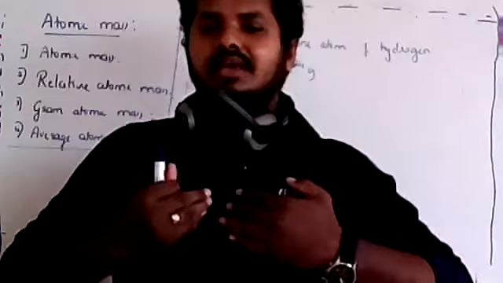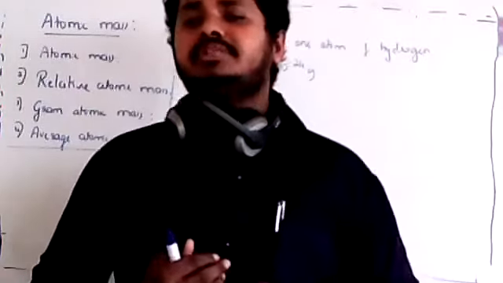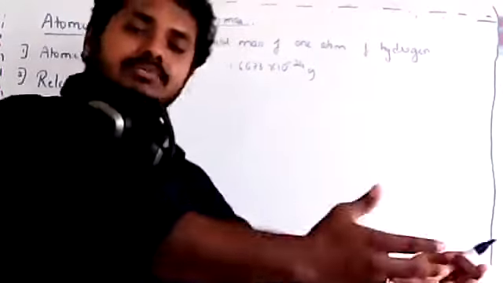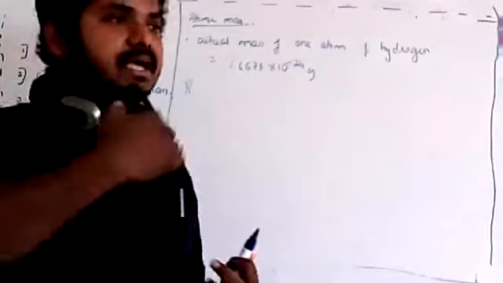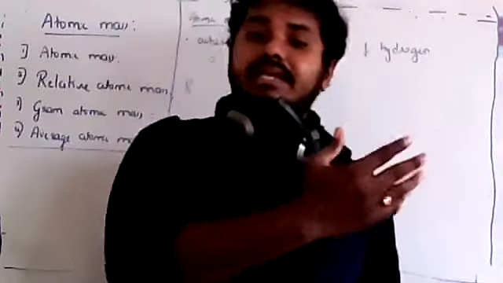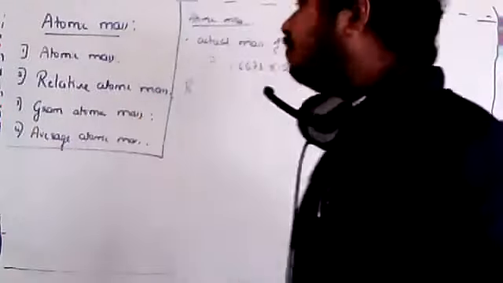If I am 50, he is 100, so 100 by 50 is 2. What do you mean by this 2? It tells you that his weight is 2 times greater than my weight. If a person is there with 1000, then I can say that his weight is 20 times greater than my weight. So this comparison is called the relative atomic mass.